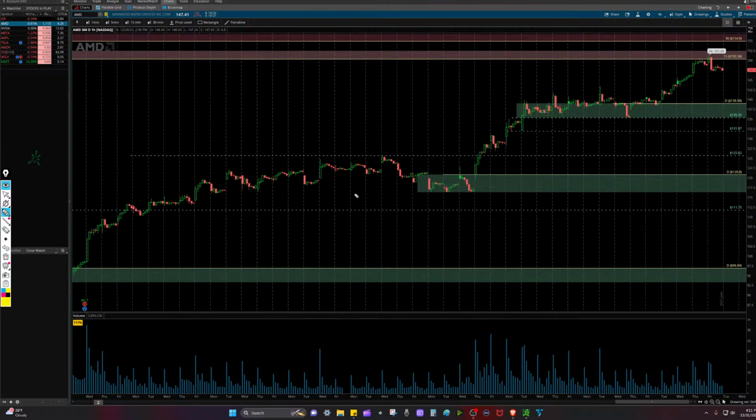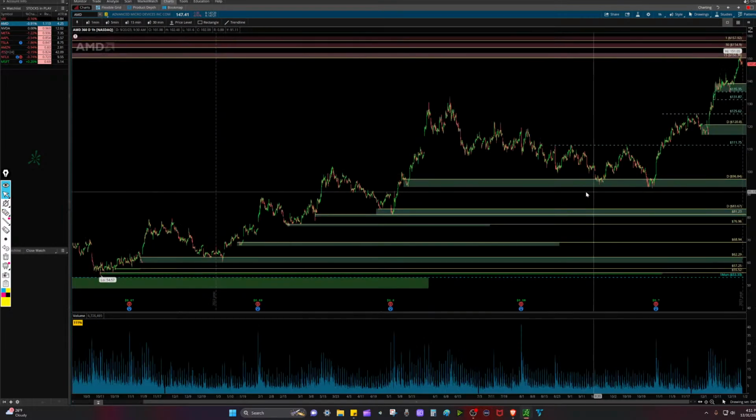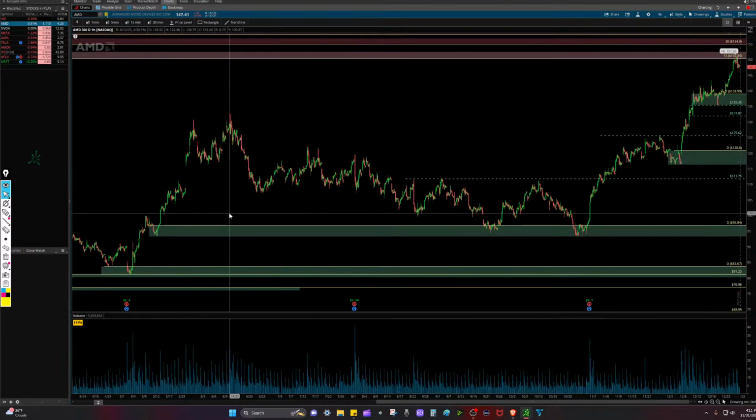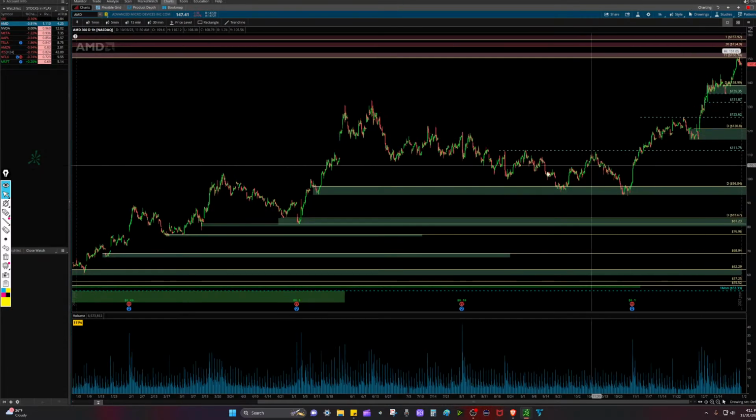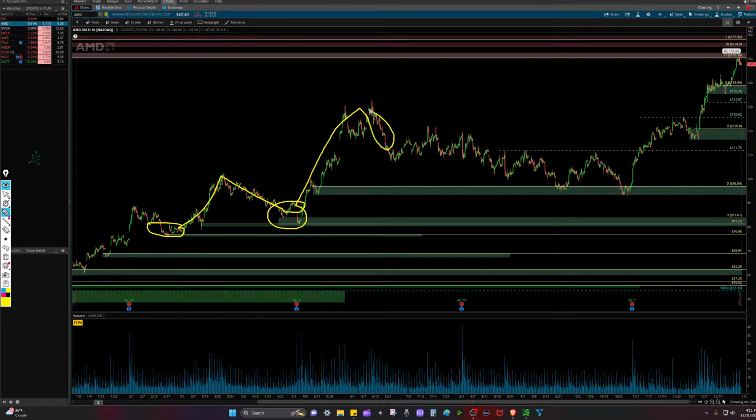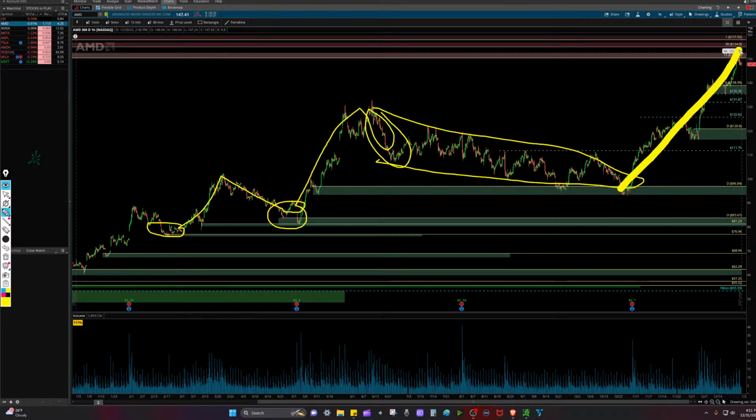This is a cycle. If you see everywhere, you see accumulate, mark up, distribute, accumulate, mark up, distribute, right? Accumulate, markup.